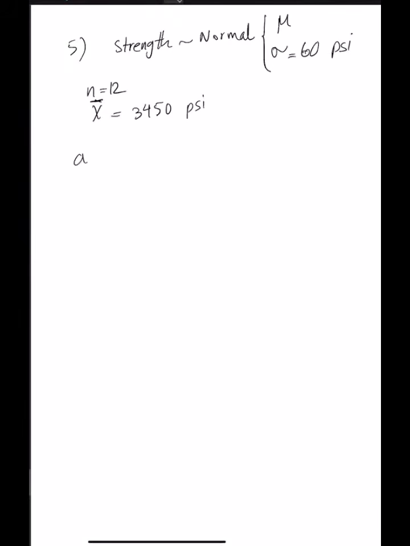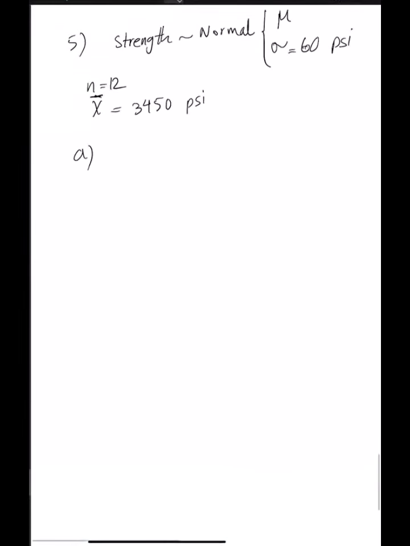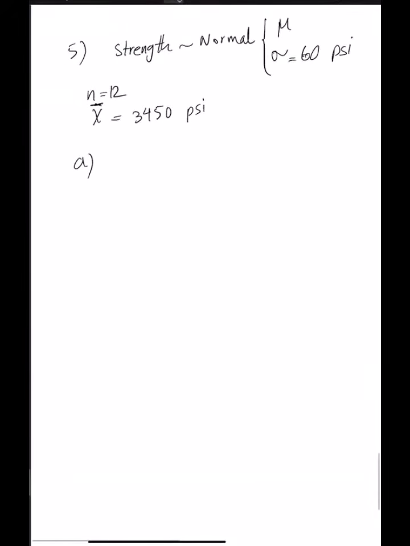So part A asks, if the mean strength is 3500 psi, what is the smallest level of significance at which you would be willing to reject the null hypothesis? The smallest level of significance at which you would be willing to reject the null hypothesis is basically our p-value.